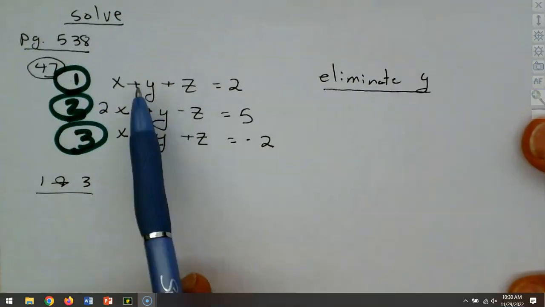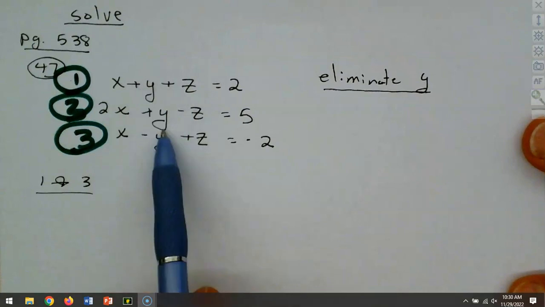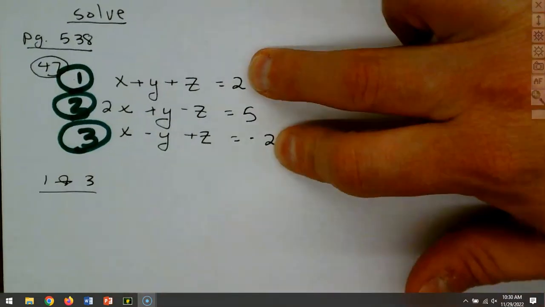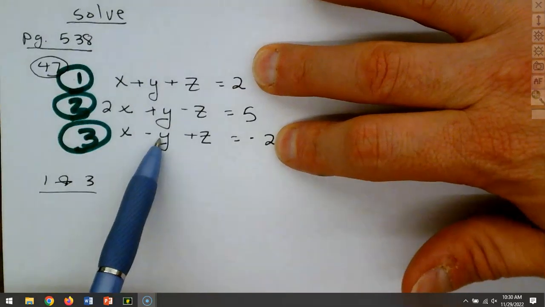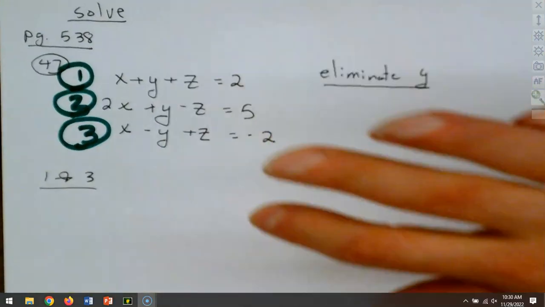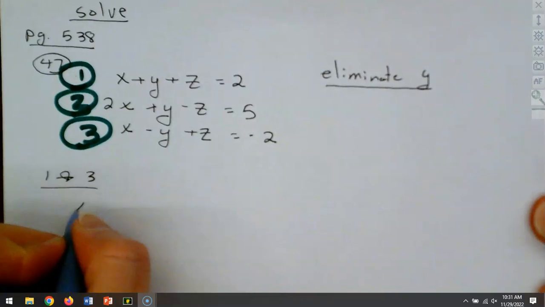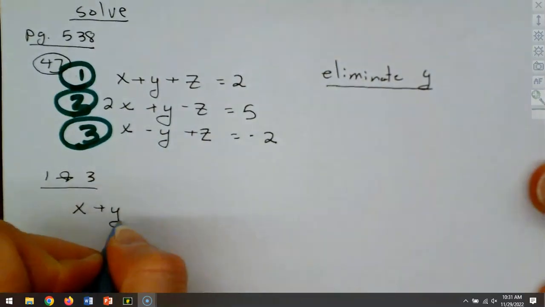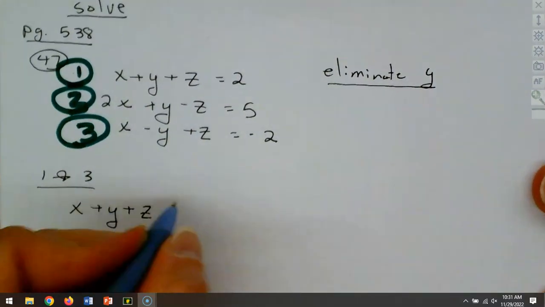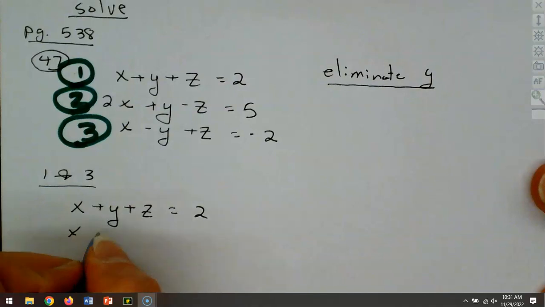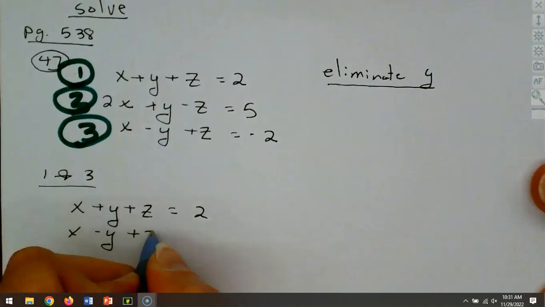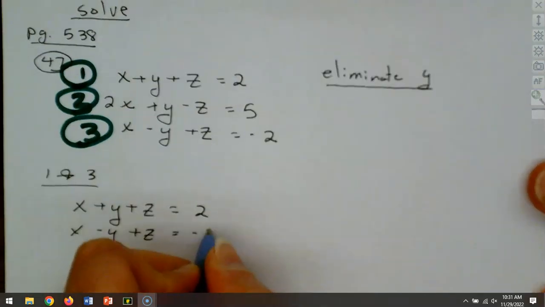Because we're eliminating for y, and look what happens if I just add these together. If I just add those together, what's going to happen to the y's right there? They're going to cancel, right? Okay, so 1 and 3. You've got x plus y plus z equals 2. That's 1. And 3 is x minus y plus z equals a minus 2.